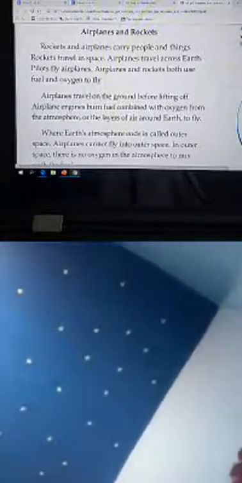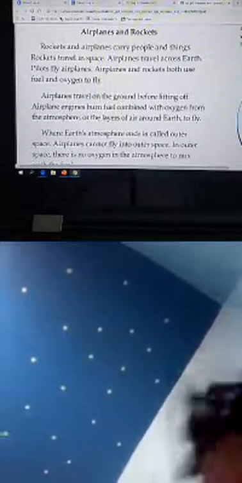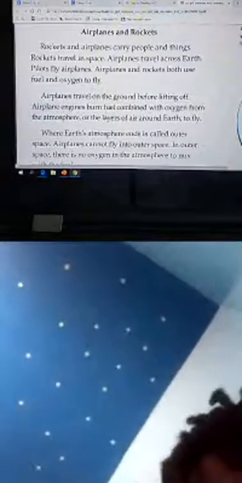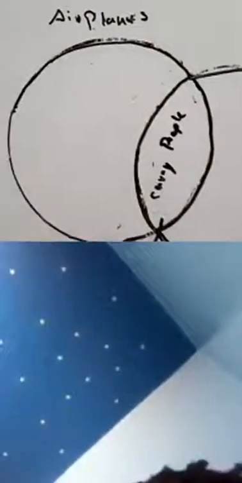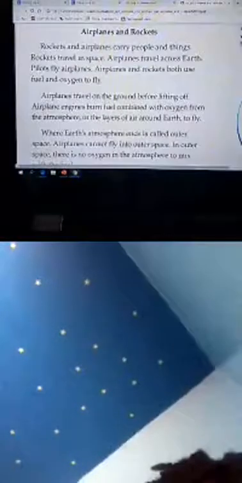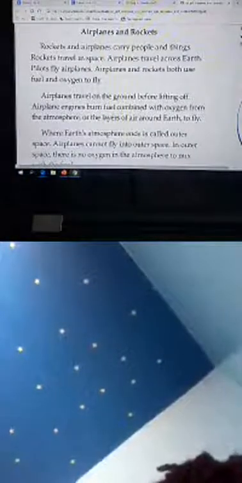Okay, so the Venn diagram is our graphic organizer. Can you see it? Yeah. Okay, so on a piece of paper, you can make two circles. But when you make your circles, make sure they interlock in the middle.